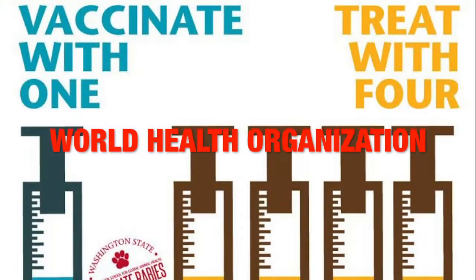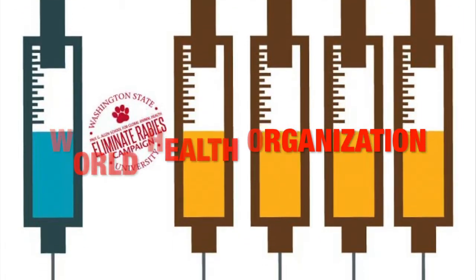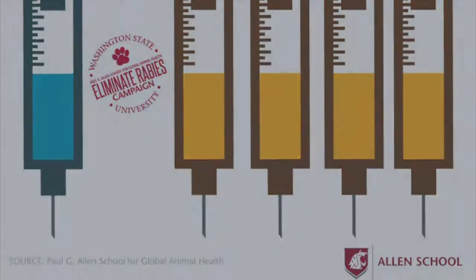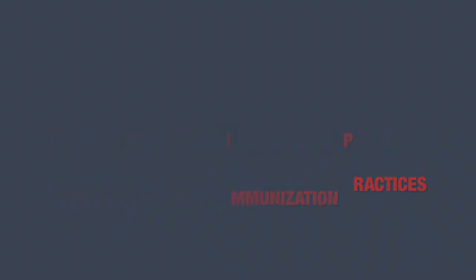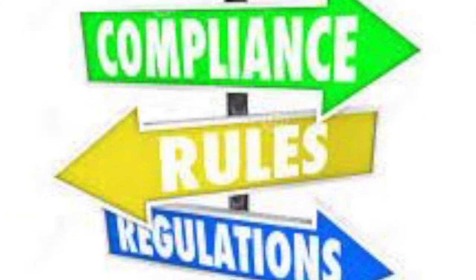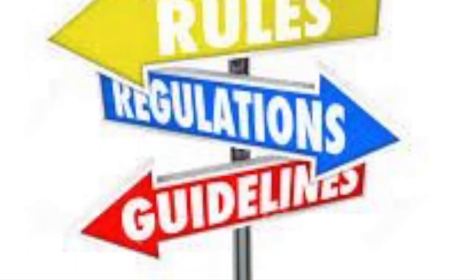Internationally, the World Health Organization recommends several types of cell culture vaccines for human groups at risk. In the USA, the Advisory Council on Immunization Practices prepared recommendations for guidelines for human rabies prevention.